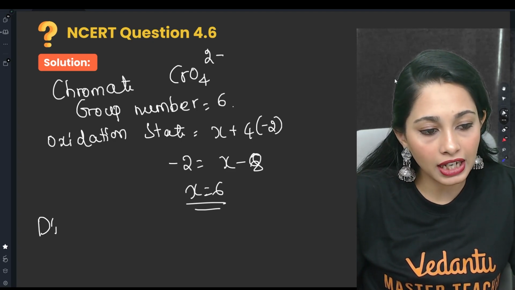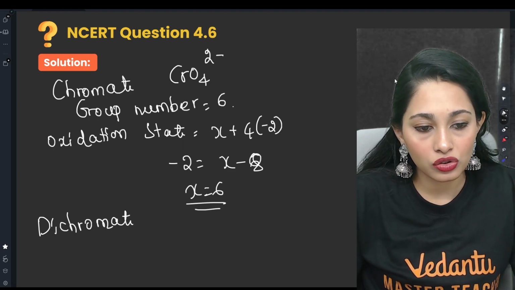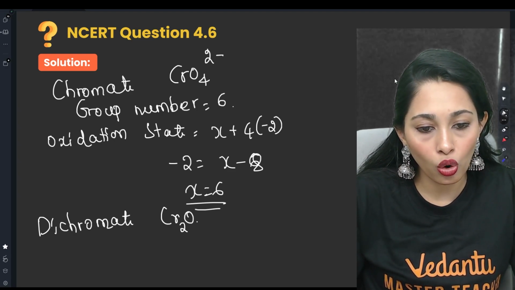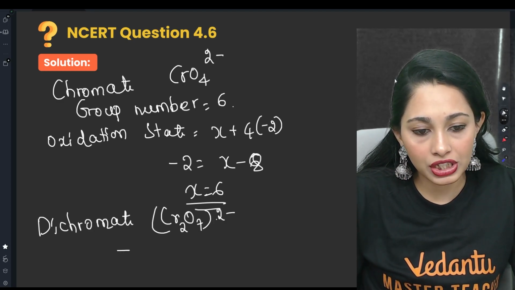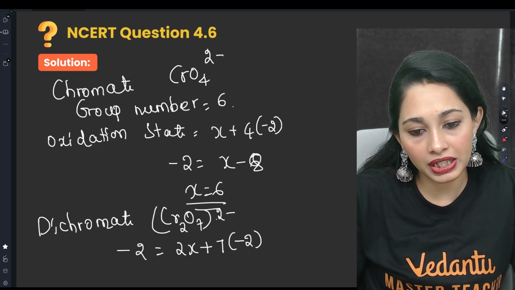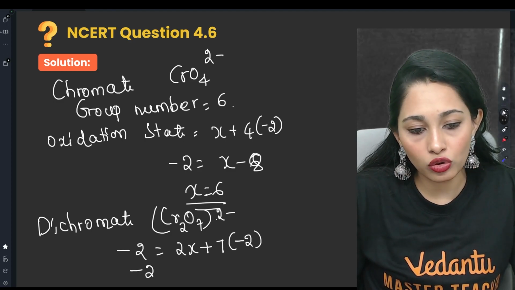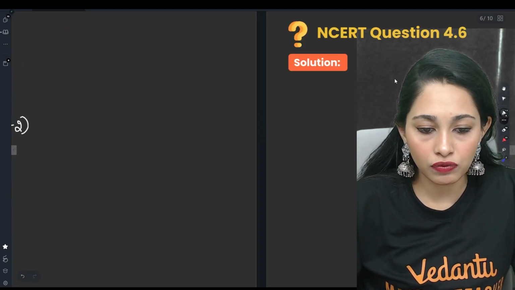If you see dichromate, we already know the group number. So dichromate, Cr2O7, it is 2 minus. So oxidation state: minus 2 is equal to 2x plus 7 into minus 2. Minus 2 is equal to 2x minus 14.